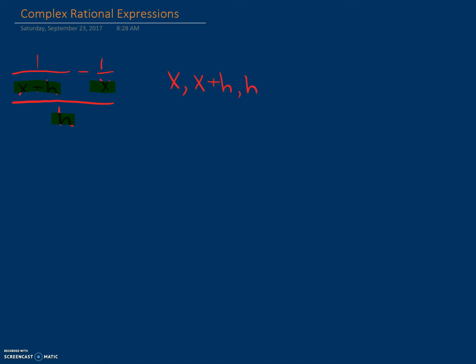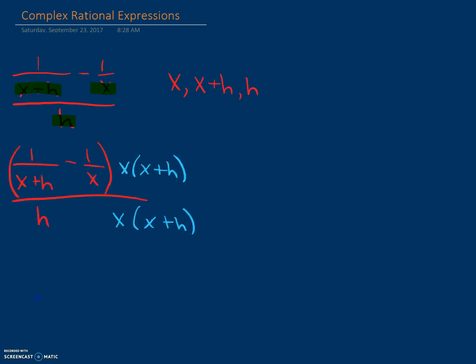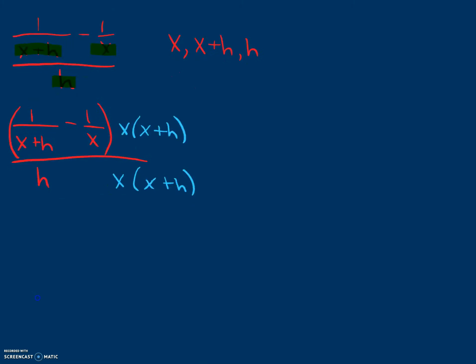Okay, so what we'll see here is we're going to take x times x plus h as our common denominator, and we end up getting this to look very similar to the previous problem.